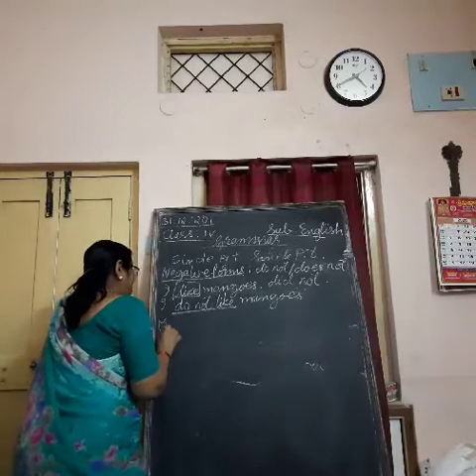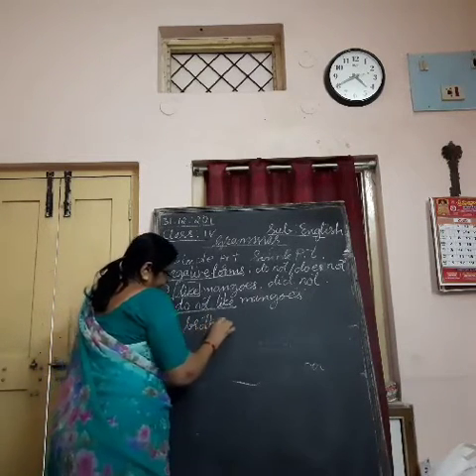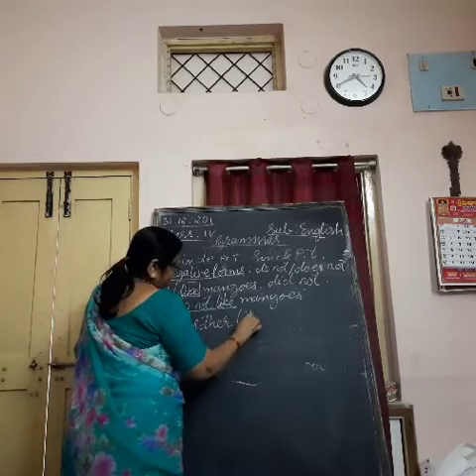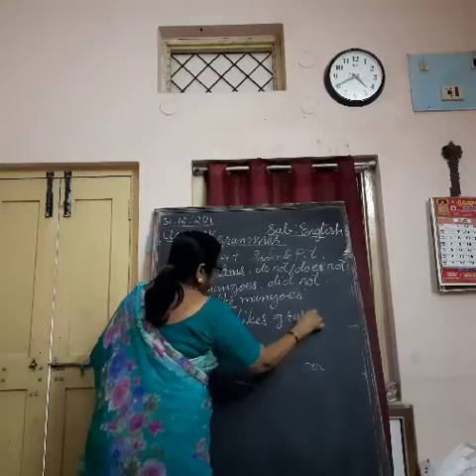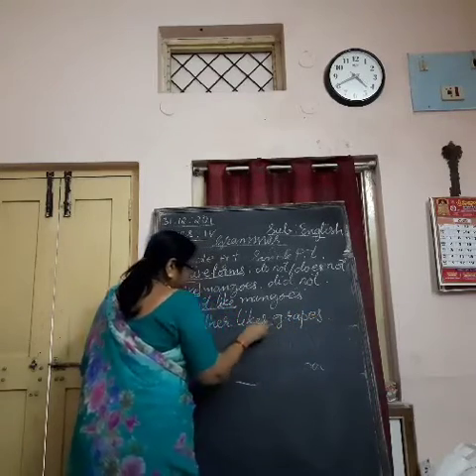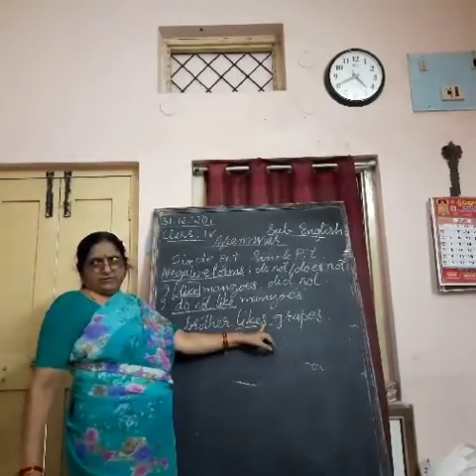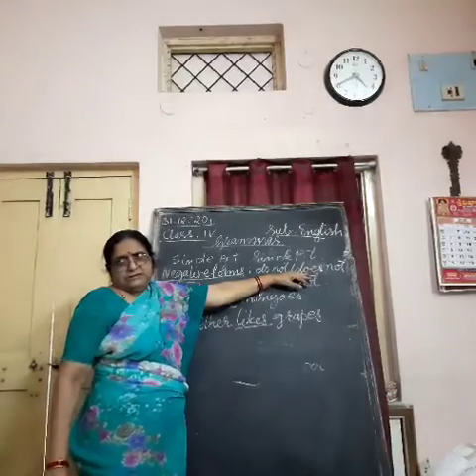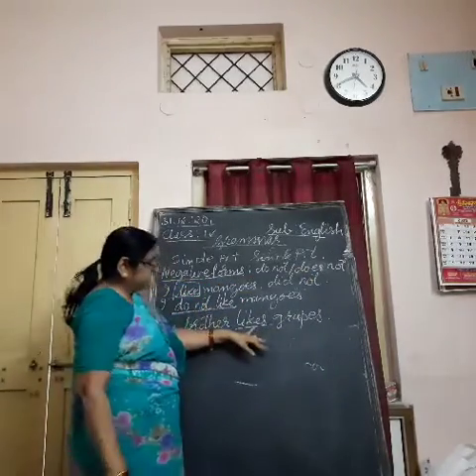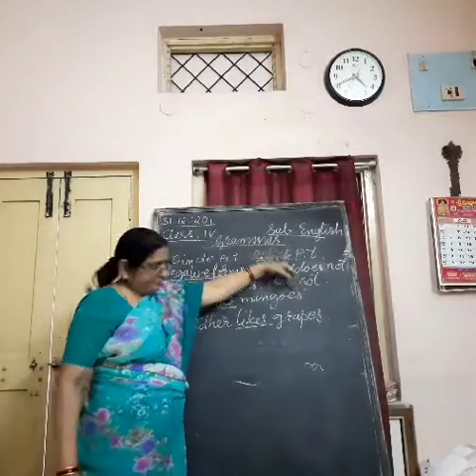My brother likes grapes. Here, when you have S with the verb, you should use the does family. When S is there with the action word, you have to use does not.